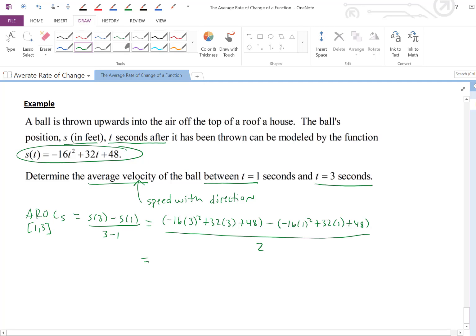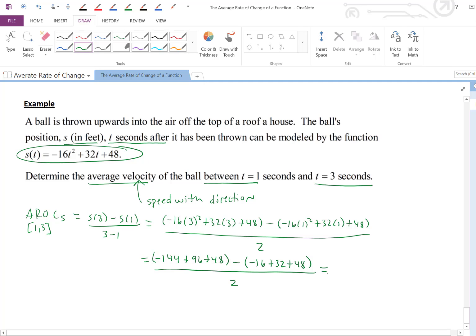All right. So we've got to multiply this out. You might want to trust me because I've got the calculator here handy with me. The 3 squared is clearly 9. 9 times negative 16 is negative 144. So that's negative 144, and then plus 32 times 3 is 96, plus a 48. All of that minus the quantity, negative 16 plus 32 plus 48. And then we take all that divided by 2.